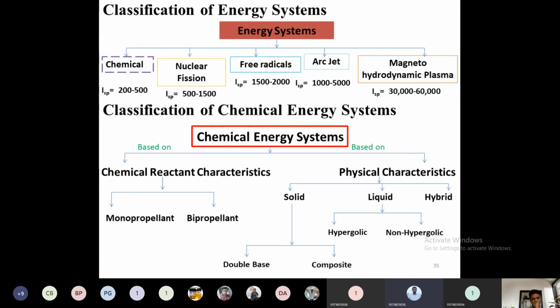And when we come to liquid propellants, mostly alcohols, power alcohols. We have heard of power alcohols in high-end class car engines.